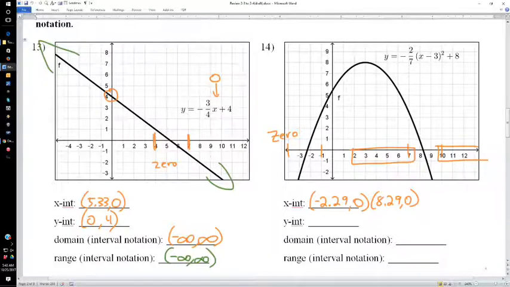Okay? And then your y-intercept. Your y-intercept doesn't really come out as pretty. It's up here somewhere. Alright? So you have one of two choices. You can either plug in a 0 for x and solve, or you can go to your functions, go to the second trace or second calculate, and type the value.